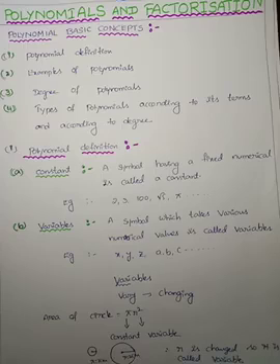If s is 1 centimeter, then 4 into s is equal to 4 into 1, which is 4 centimeters. If the side of the square is 2 centimeters, then 4 into s is 4 into 2, which is 8 centimeters. So 4 is called a constant and s, the side of the square, is called a variable.